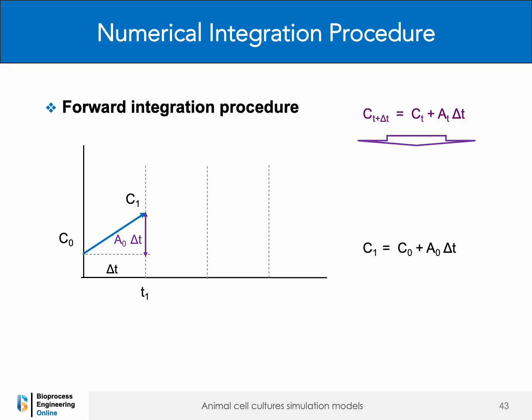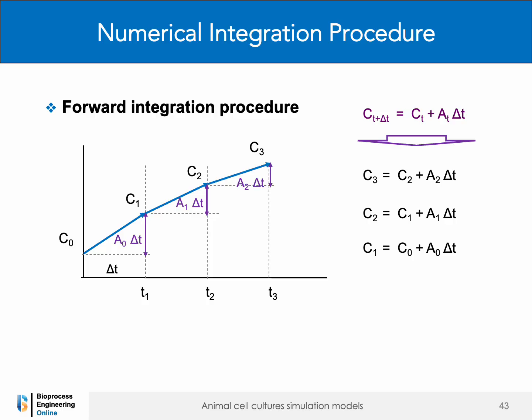The slope A0 is calculated at time 0, and the concentration C1 at the following time T1 is determined by adding to C0 the concentration increment A0 delta T. At time T1, the slope A1 is then recalculated, and the concentration C2 at the following time T2 is determined as C1 plus A1 delta T. The procedure is repeated to calculate C3 and the following concentrations over the whole investigated time period.